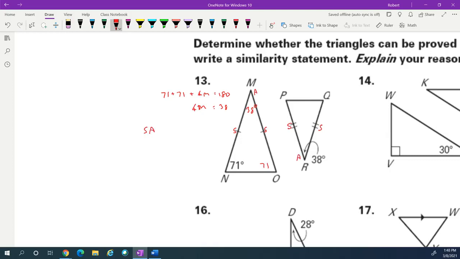So this is SAS similarity. And we can say something like triangle NMO is similar to triangle QRP. Those base angles are interchangeable.